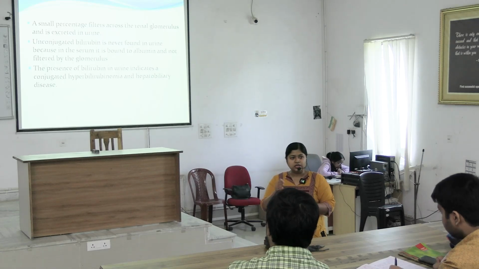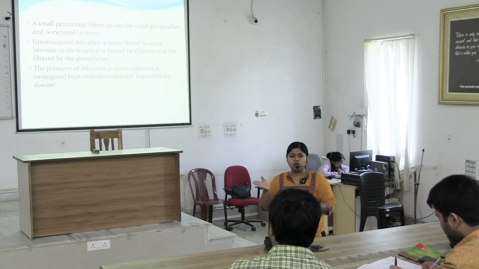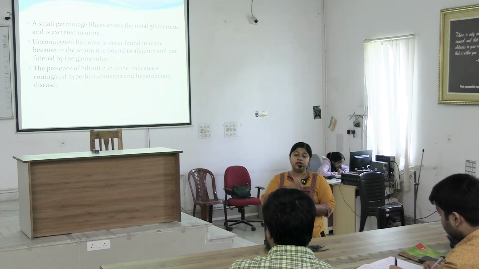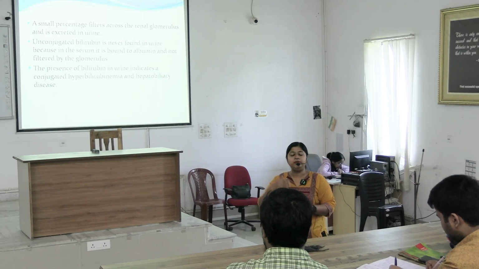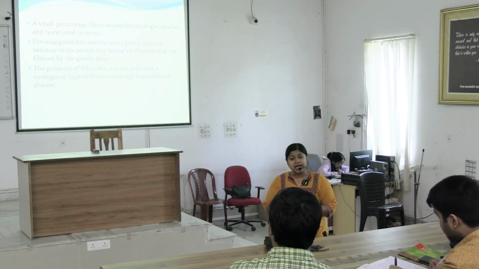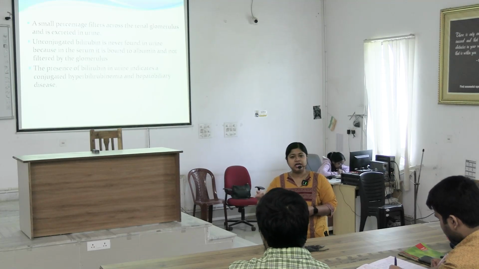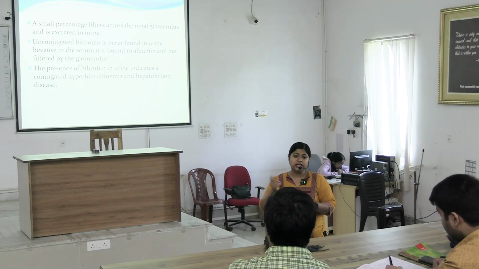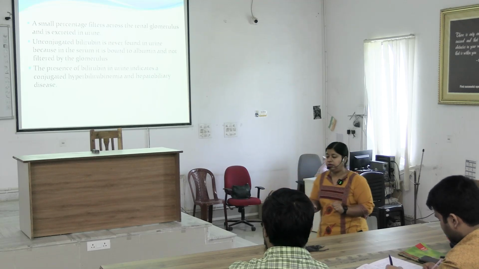So that conjugated bilirubin will come into systemic circulation and will be excreted in urine. That conjugated bilirubin will give dark color to urine in case of obstructive hyperbilirubinemia.